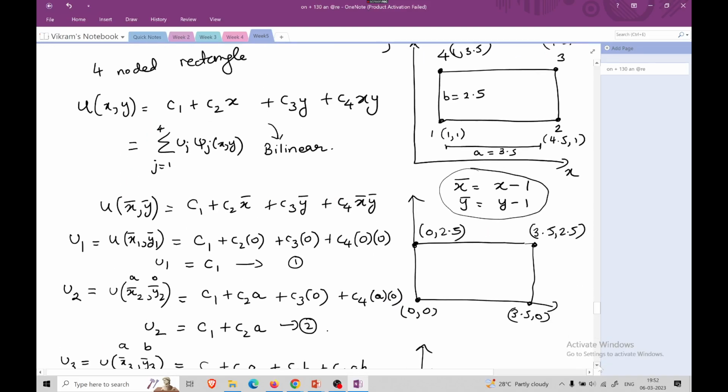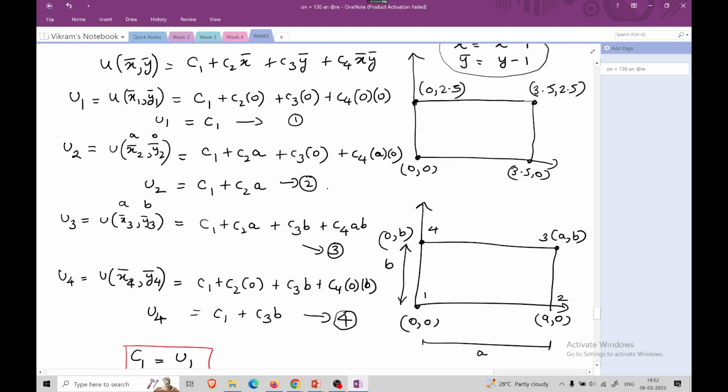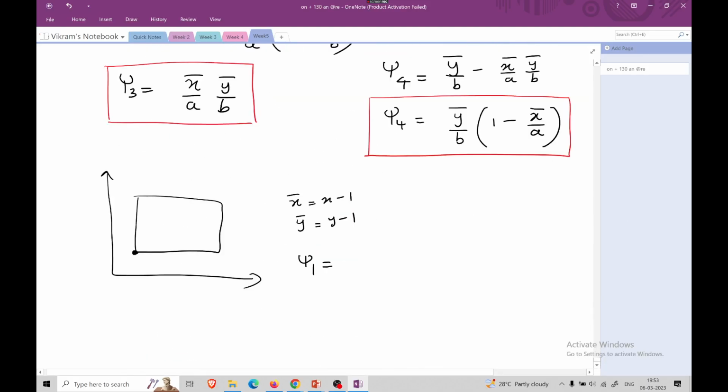Yes. So this is A 3.5 and B 2.5. Or you can just simply leave it in x bar y bar and simply substitute the corresponding values. That is also fine.